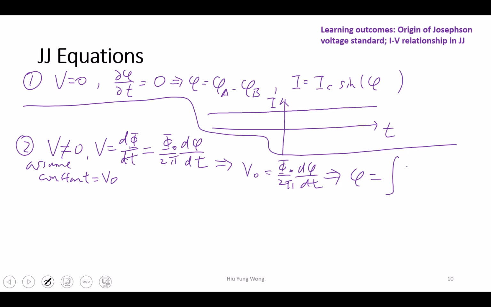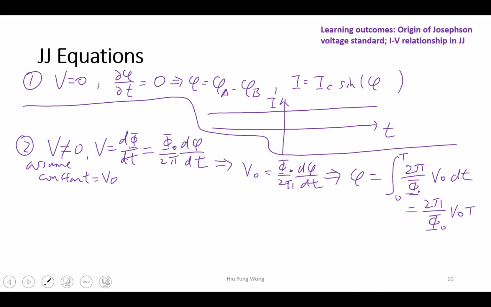It is equal to 2 pi divided by phi naught times V0 dt, right? Maybe integrate from 0 to a time t, for example. But because it is constant, then of course this is just equal to V naught times t, for example. Is this okay? Right?